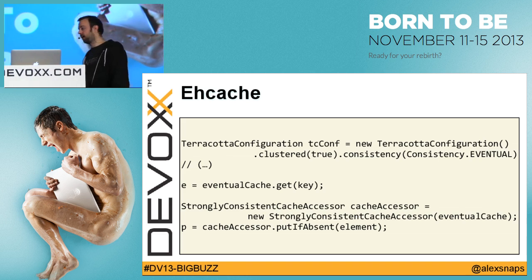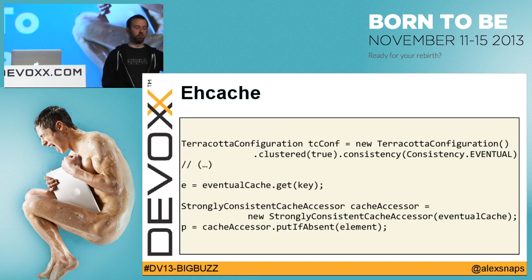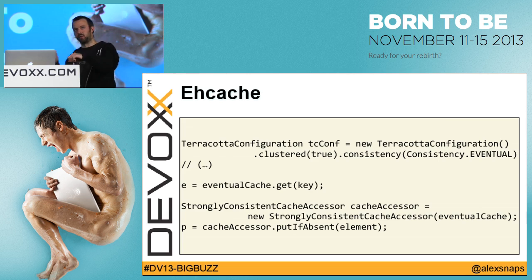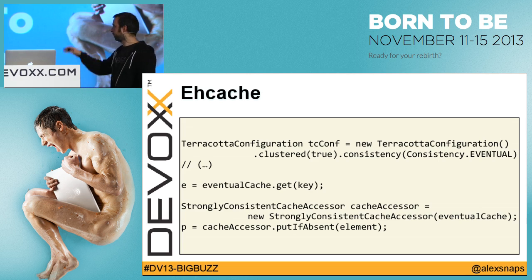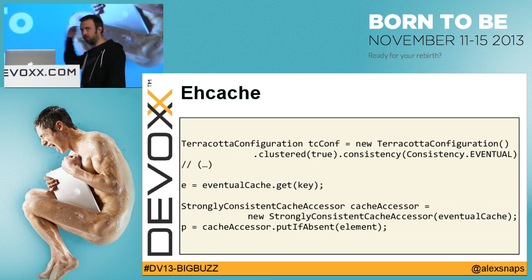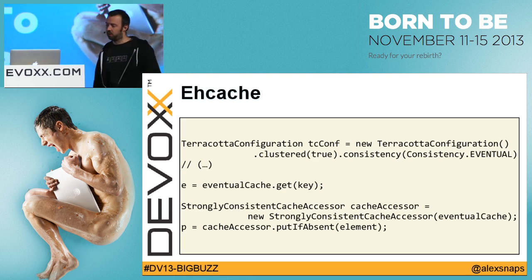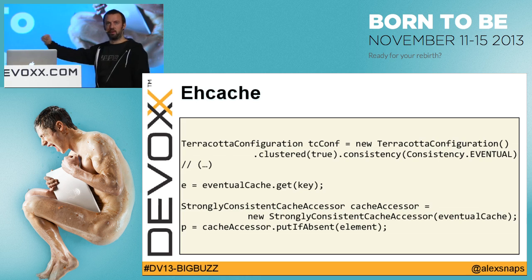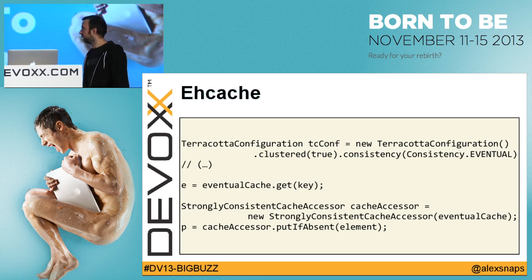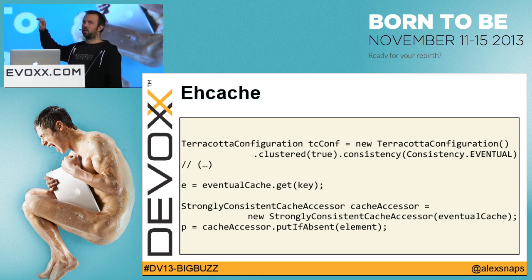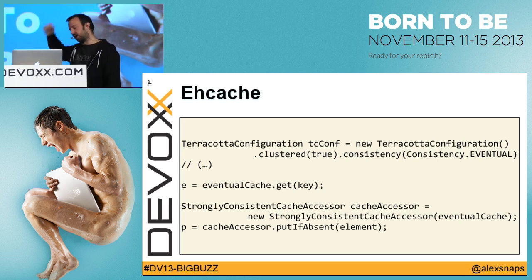Now, going back to the slider I mentioned, where you want to be able to move the slider from BASE to ACID, more or less. I want to move it all the way to the right, if my memory serves, all the way to ACID, strong consistency as much as I can. And this is probably where it was a bad idea of mine.